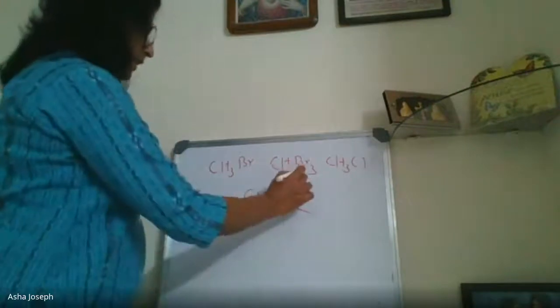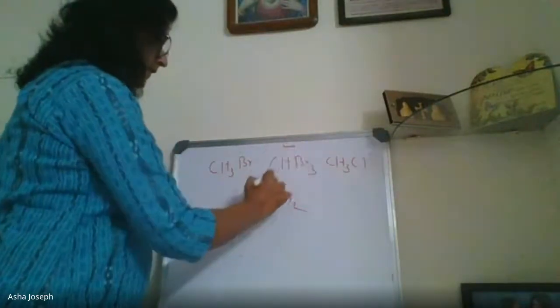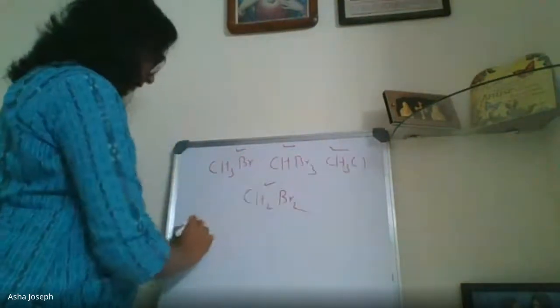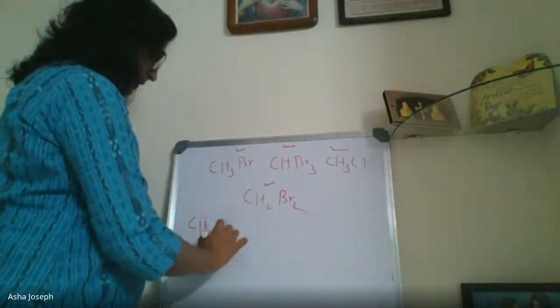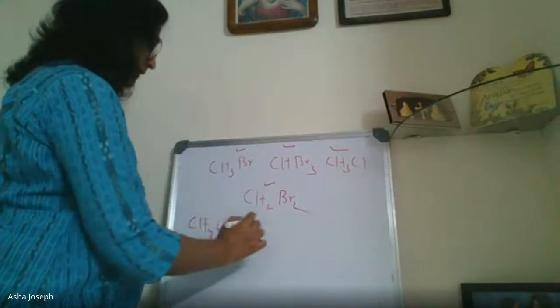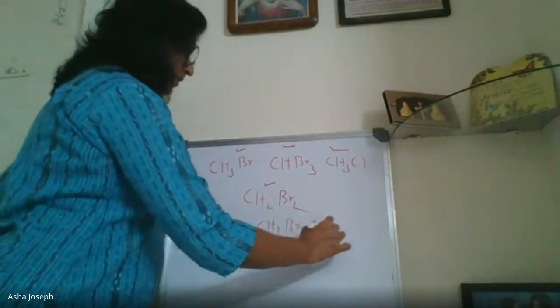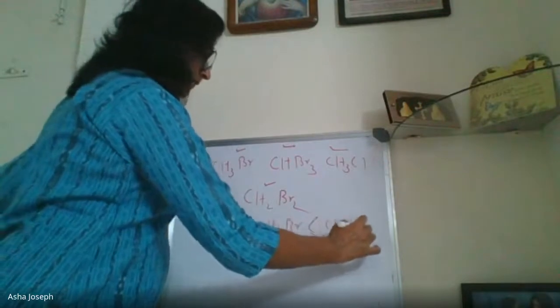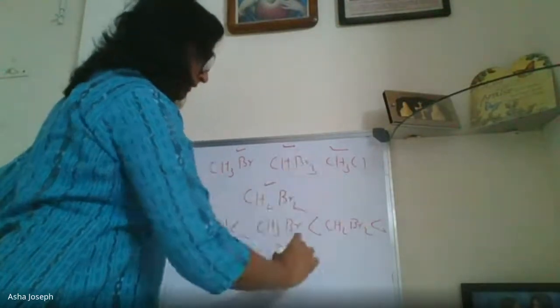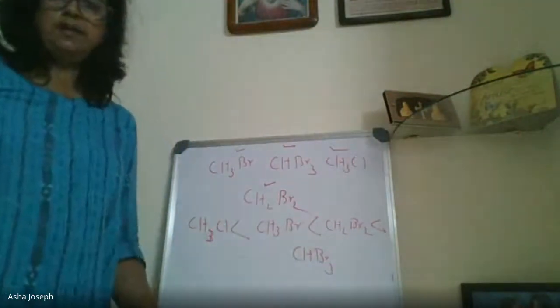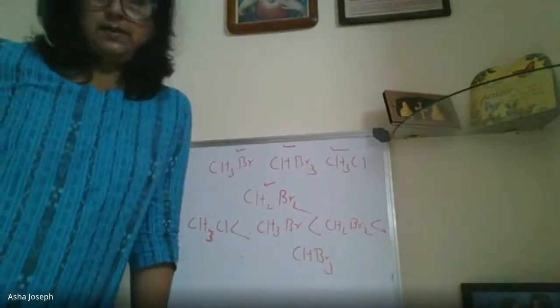So the lowest will be chlorine, so chloromethane has the lowest. Then comes one bromine, then two bromine. Then the highest is three bromine. Clear? Because bromine has higher atomic mass. Is it okay?